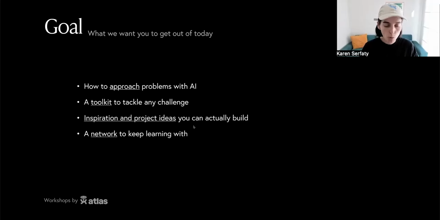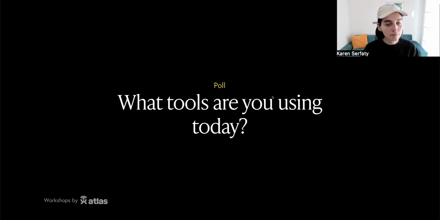And then finally, we want you to get inspiration for new project ideas that you can build, and also to get a network of people that are also learning about this, other People Ops professionals and teams that are going through the same thing that you are. So those are our goals for today.